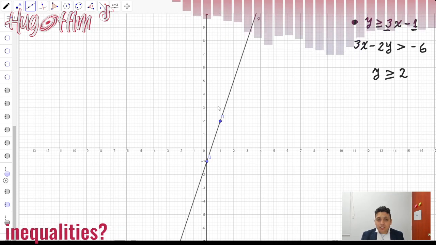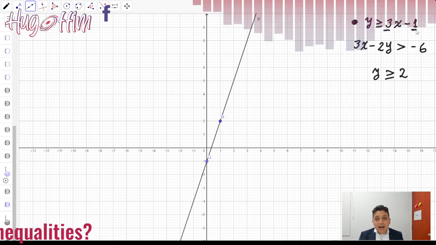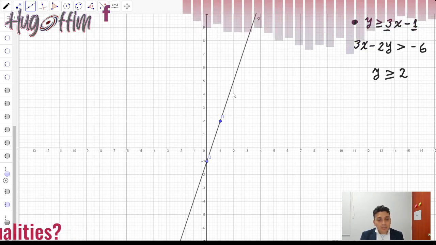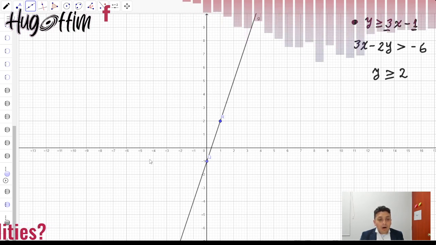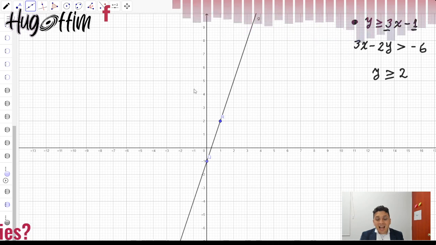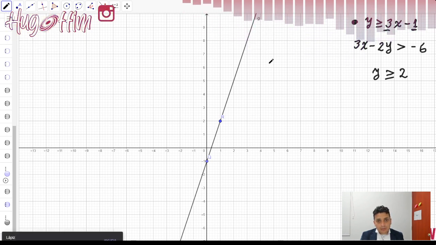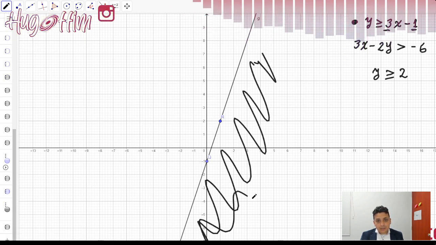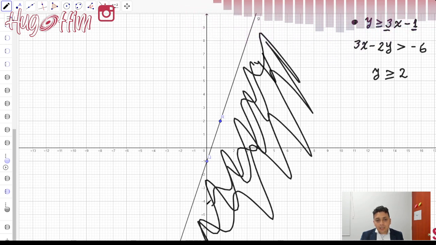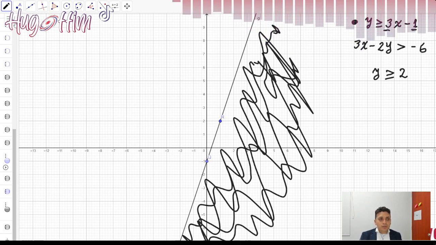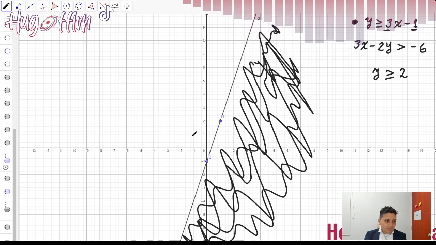The unwanted region means the region of the points that are not according to this inequality. In this case, y should be greater than the line. So all the points that are above the line are allowed, and the points below the line are not allowed. As these points are not allowed, I'm going to shade them, to show that this is the region that does not correspond to my line. We can color it and make it beautiful, but I'm doing it quickly.